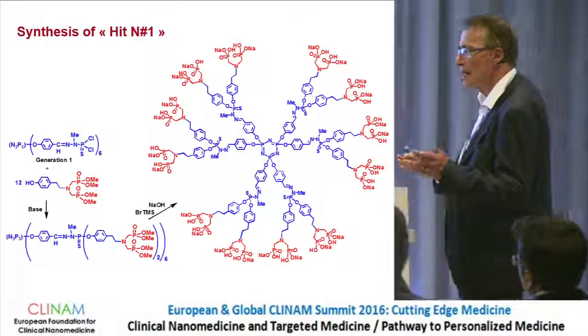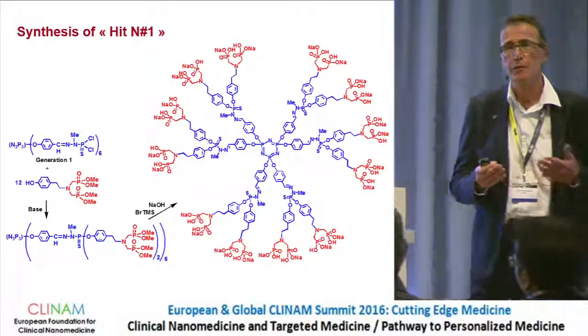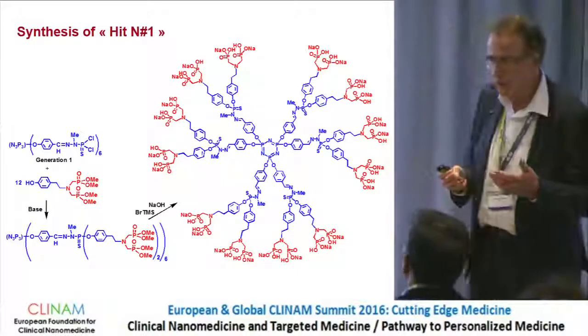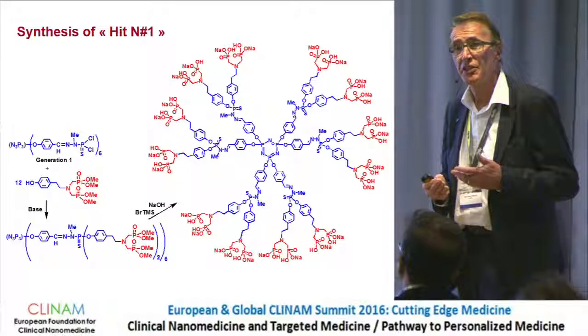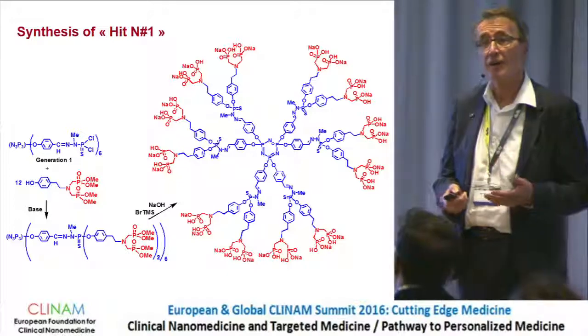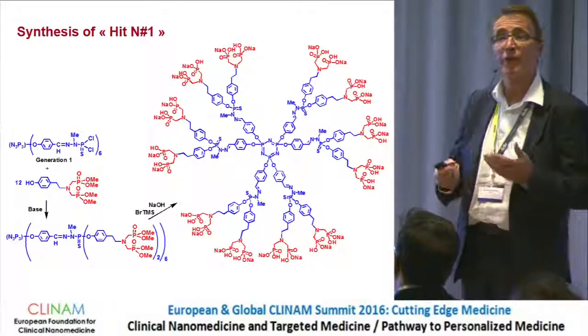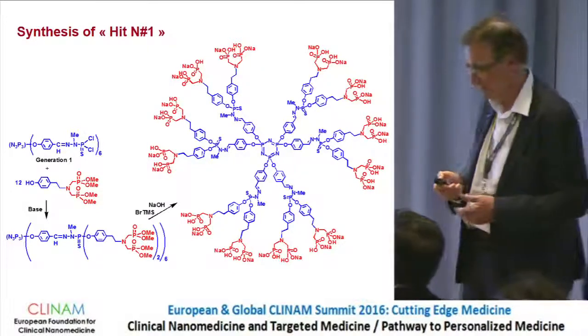And first of all, we were able to demonstrate that starting with this compound, we show a dramatic amplification of the number of natural killer cells, which are, as you know, the first line of our immune system.